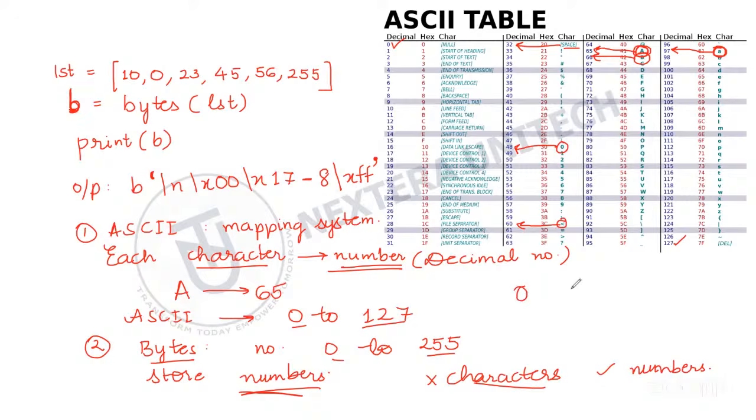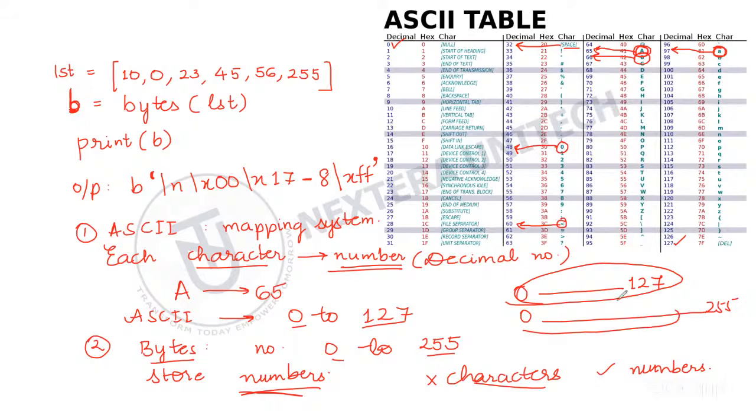If you see the number line, this is till 255, right? So all your ASCII values will fit inside your bytes. Your bytes can represent your ASCII numbers, so the ASCII characters can be stored inside a byte. As you see, the range 0 to 127 falls in between 0 to 255.